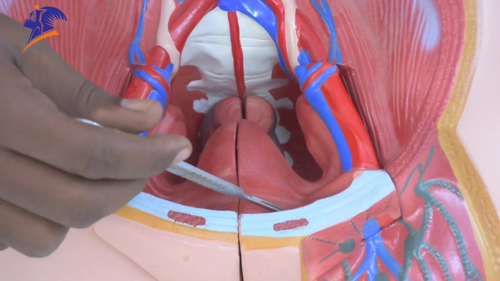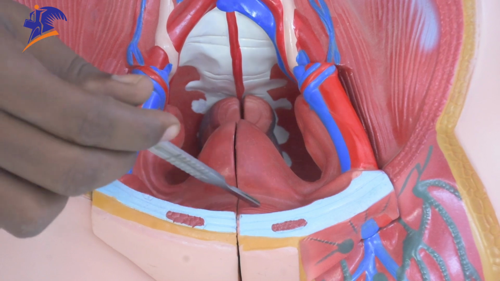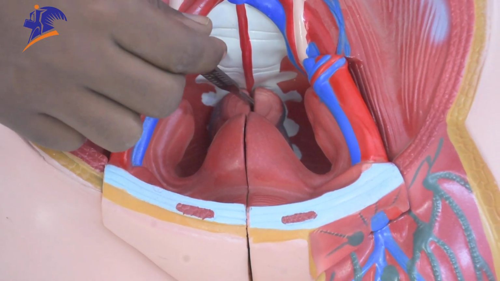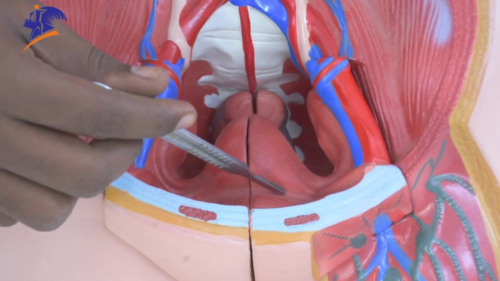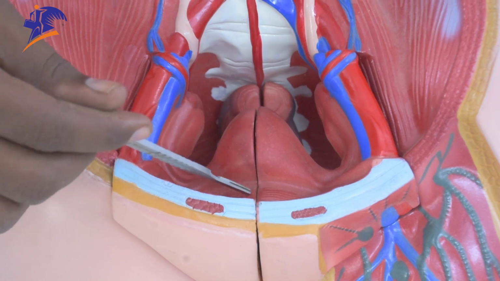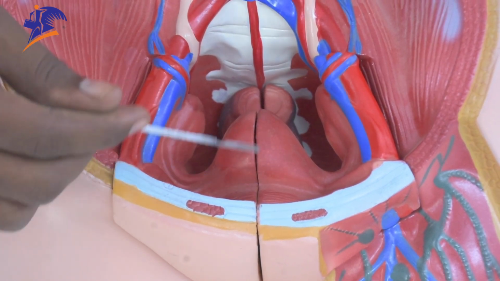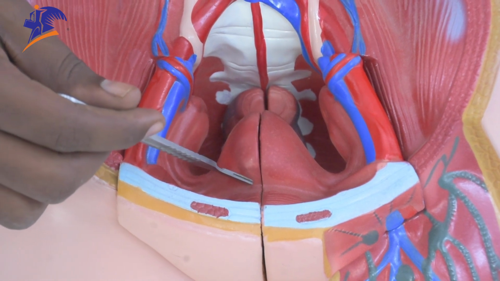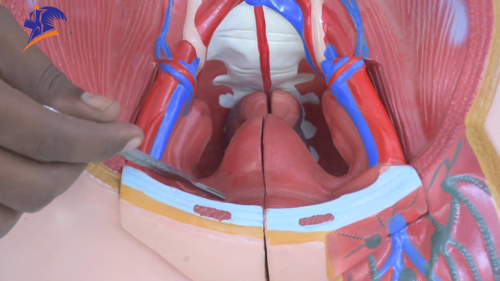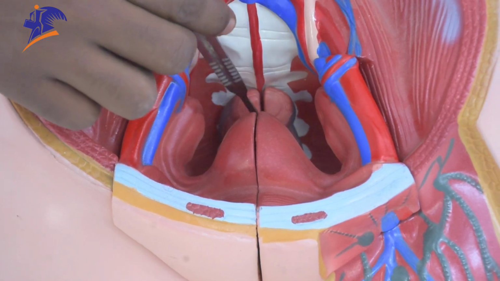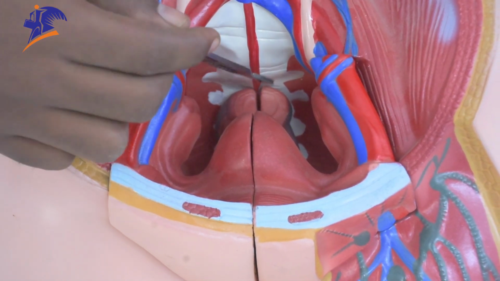The uterus is related anteriorly to the bladder and posteriorly to the rectum. We will find two recesses. One recess is located between the uterus and the bladder, called the vesico-uterine or utero-vesical pouch, and another recess posteriorly between the uterus and the rectum.